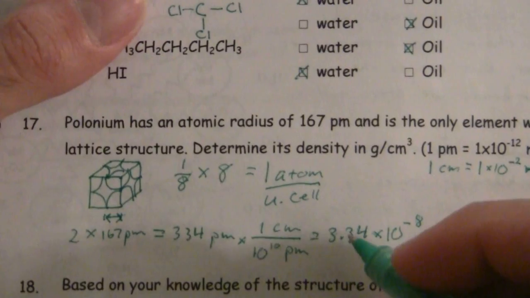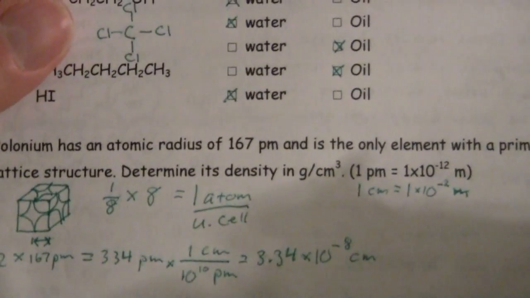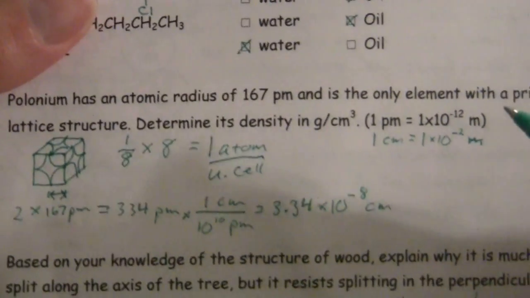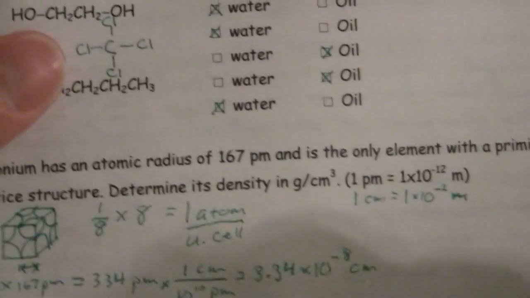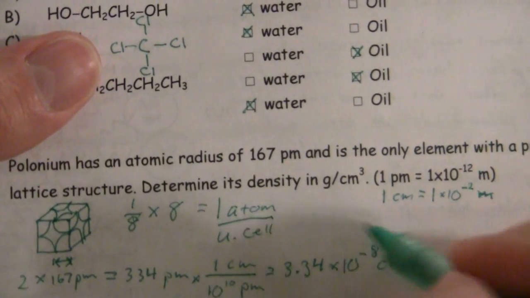So to find the volume, we're going to cube that, and I see I did not leave myself enough room for this problem, but we'll squeeze it in here somehow.